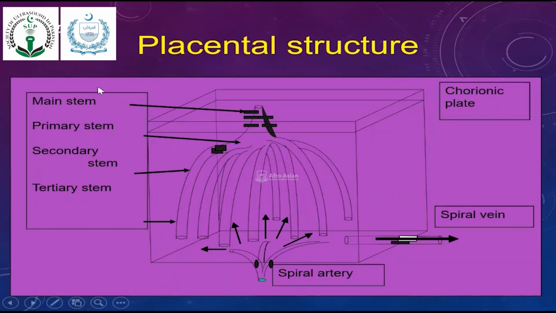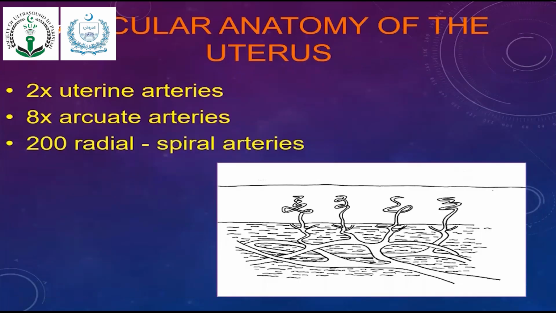Here you can see a diagrammatic explanation of the main stem, the primary stem, secondary stem, and tertiary stems. There are spiral arteries and spiral veins, and we have the chorionic plate. If we look at the vascular anatomy of the uterus, there are two uterine arteries, anterior and posterior or right and left, each dividing into ascending and descending uterine arteries.